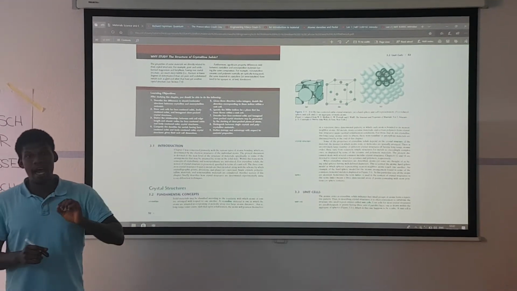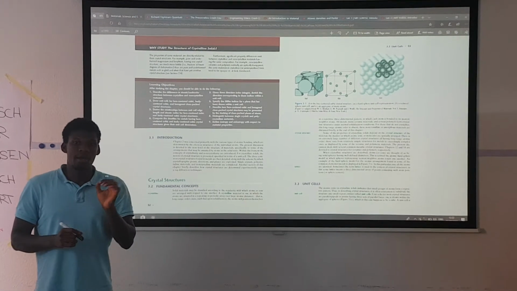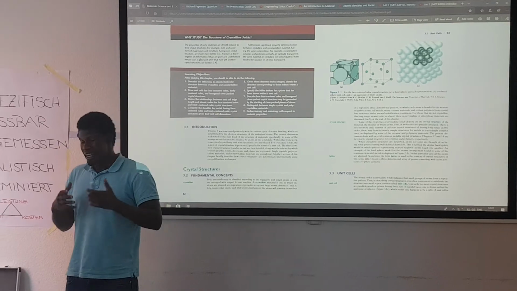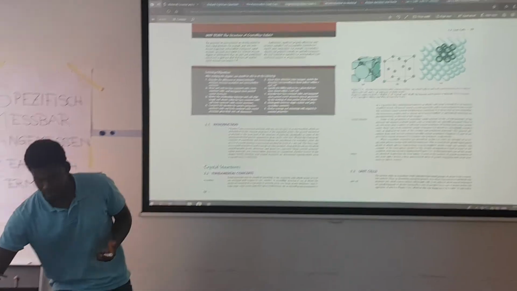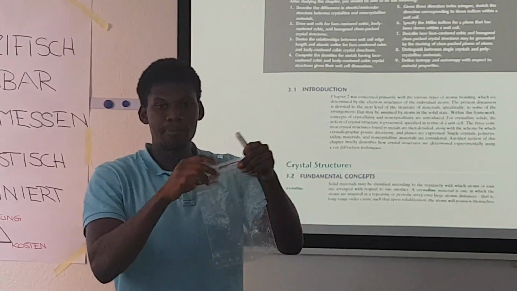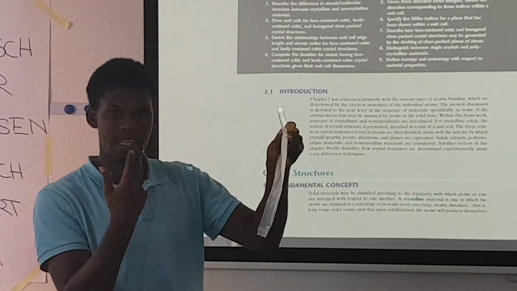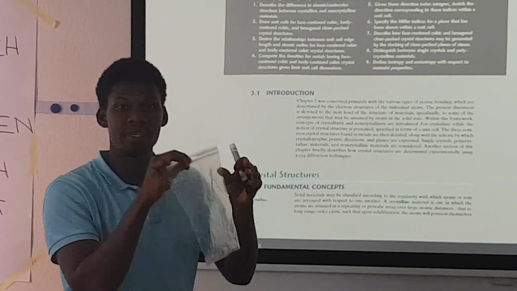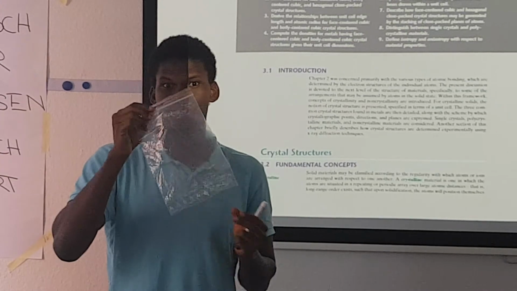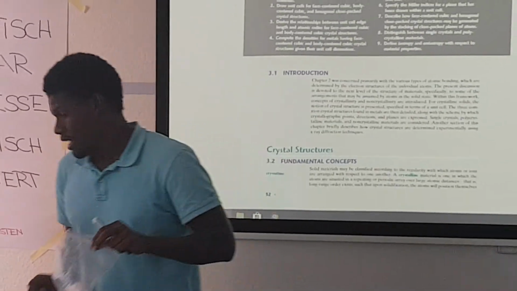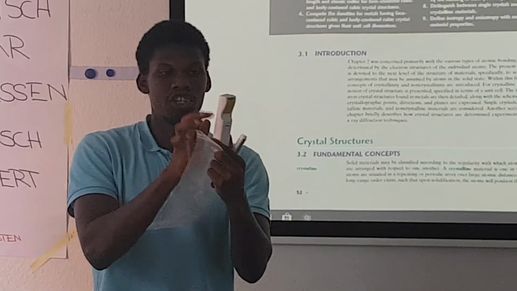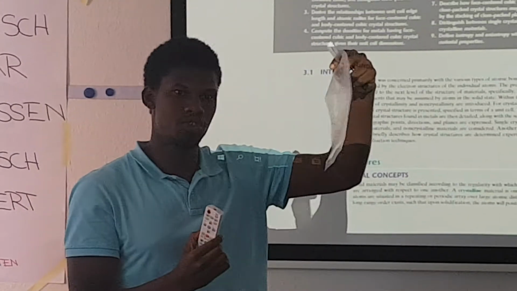If we have a polymer that is non-crystalline, a typical example will be a glass or a plastic. A typical example will be like this. This is a polymer material, and it is transparent, meaning you can see through it. This is because of the random arrangement of the atoms. However, if you have another plastic material, you cannot see through this one, but you can see through this one.